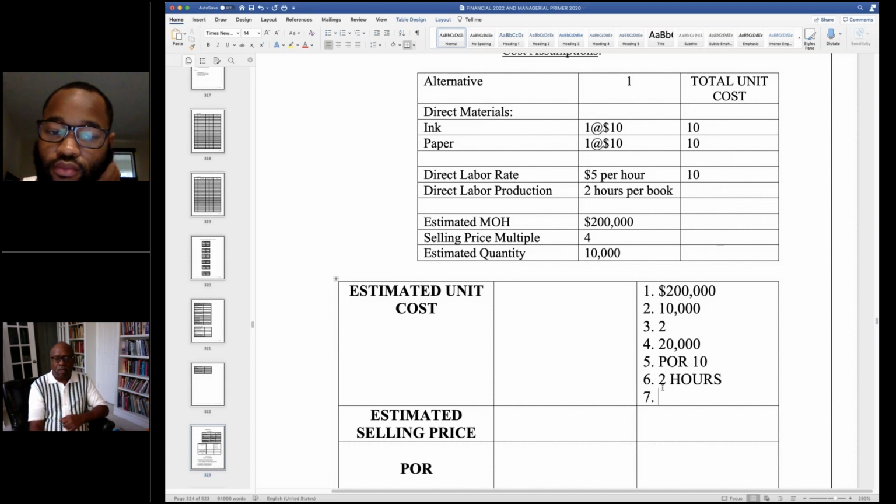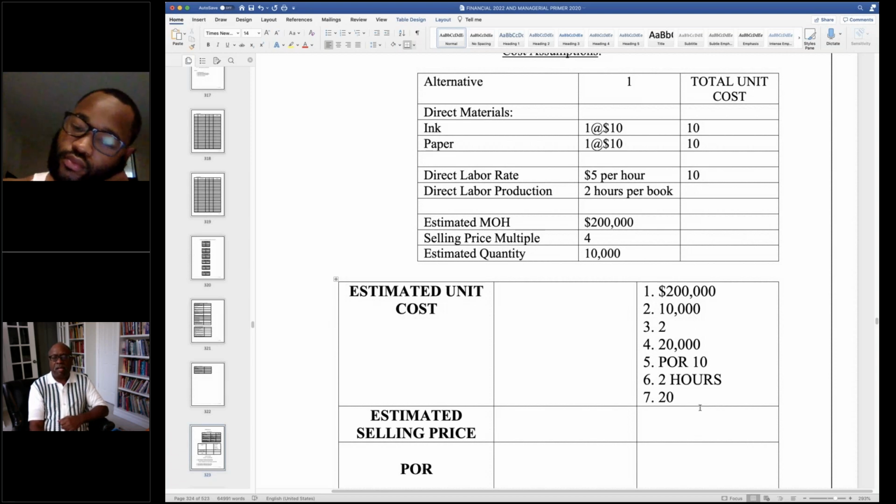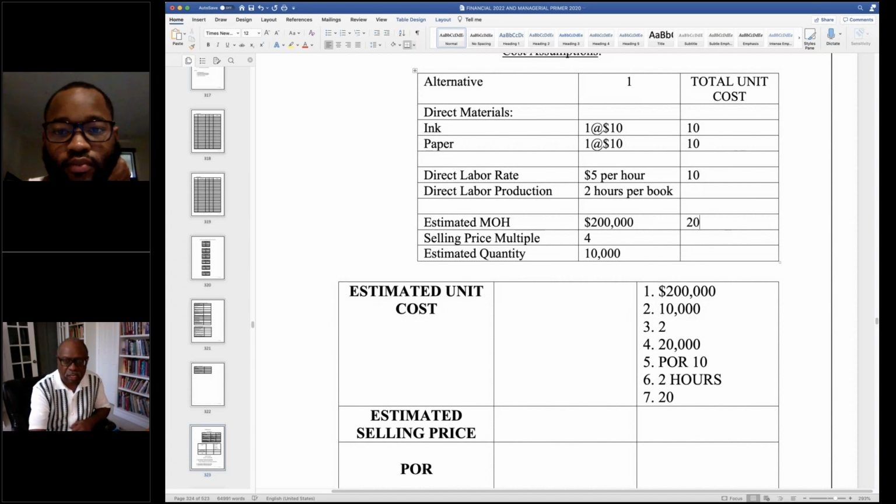And therefore, 2 times 10 is what? 20. Sometimes we can shortcut it and just divide 10 into this, but that template that you have takes you through how you do it also. Now, are we clear on how to do the first part of it? So our estimated overhead on a unit basis is going to be $20.